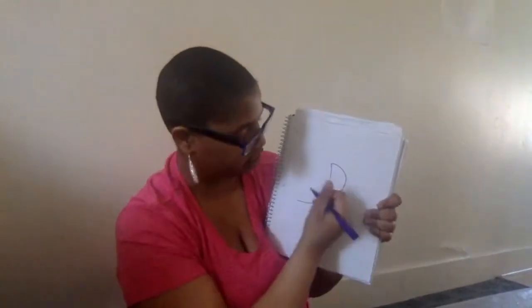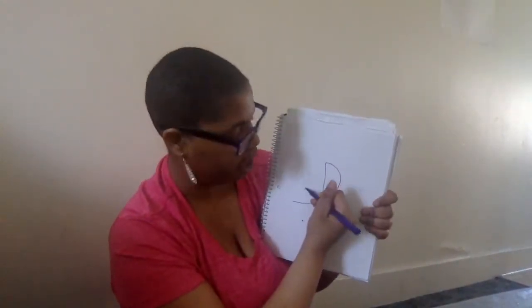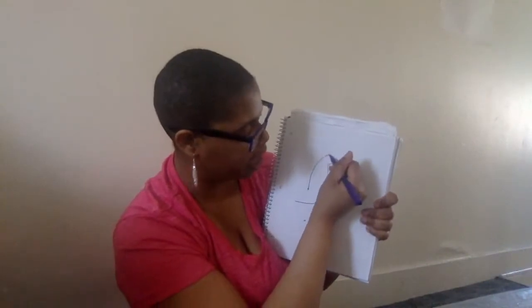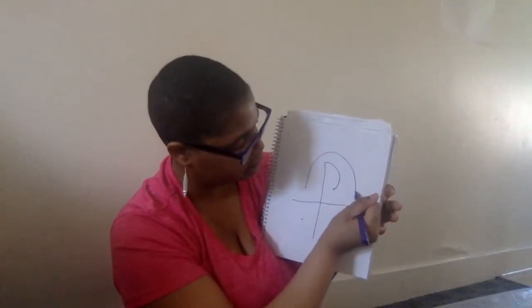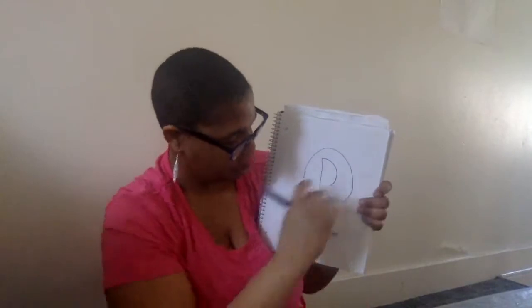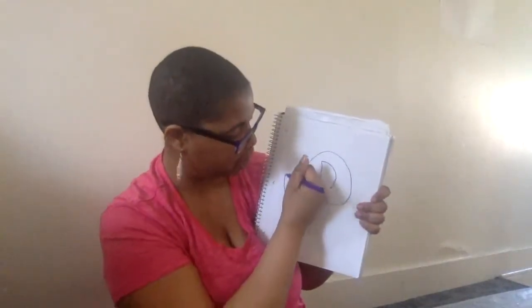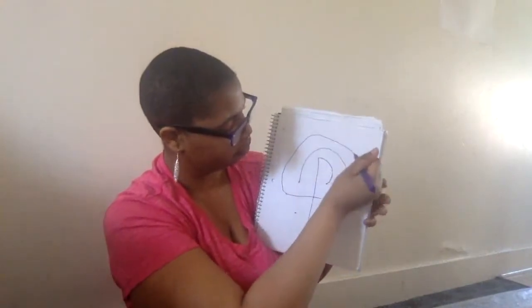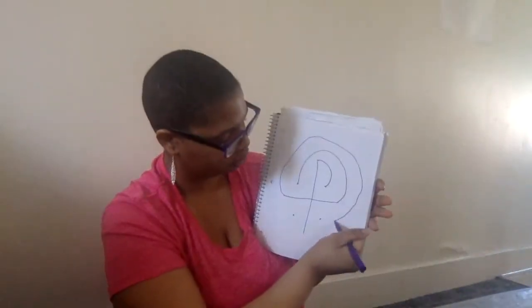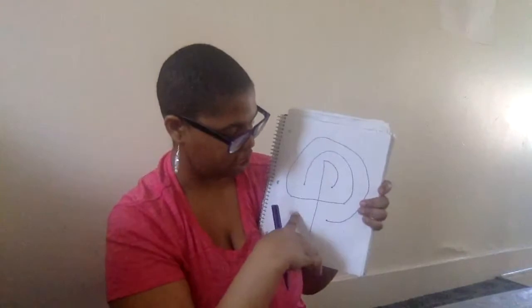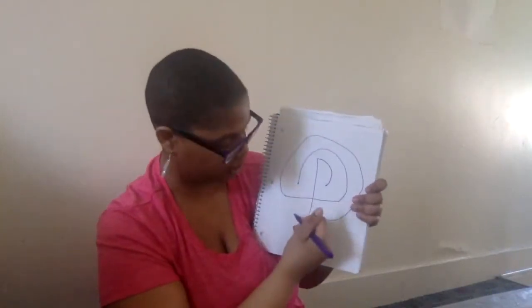You're going to take this dot and connect it to the next line in your cross, and do that with the next line in your cross, and then the next dot on your cross.